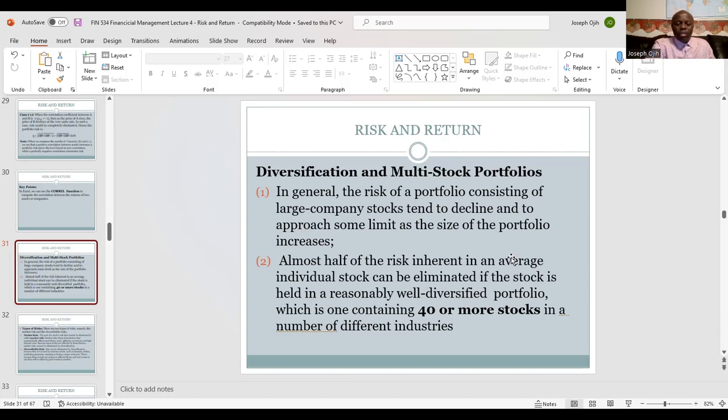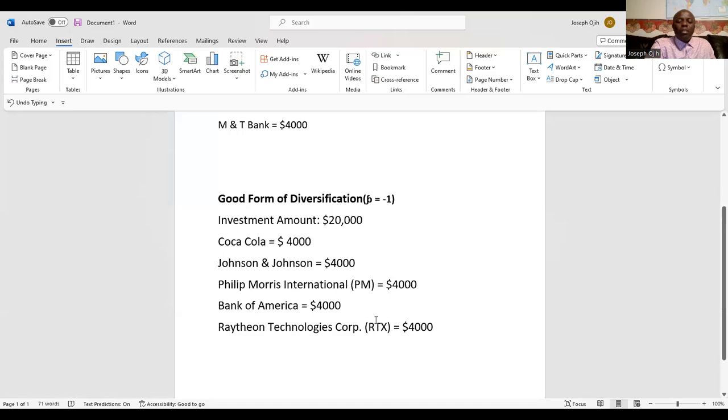In the example I use here, I use only 5 assets in 5 different industries, because the amount to invest is really small. But if there's a mutual fund where you put in 20,000, it spreads it even more, up to 30 different industries, and that may give you more diversification and less risk. An index fund will even give you more than that. You have a slice of every market.